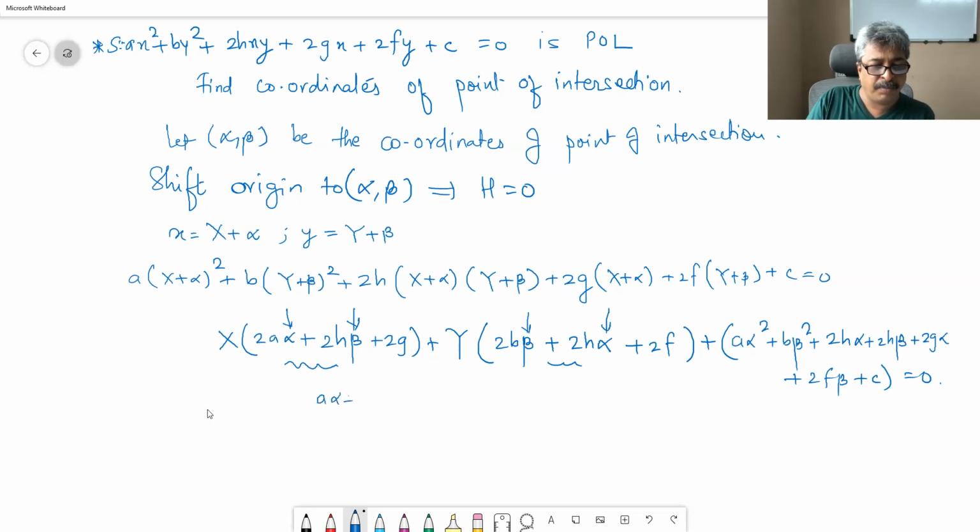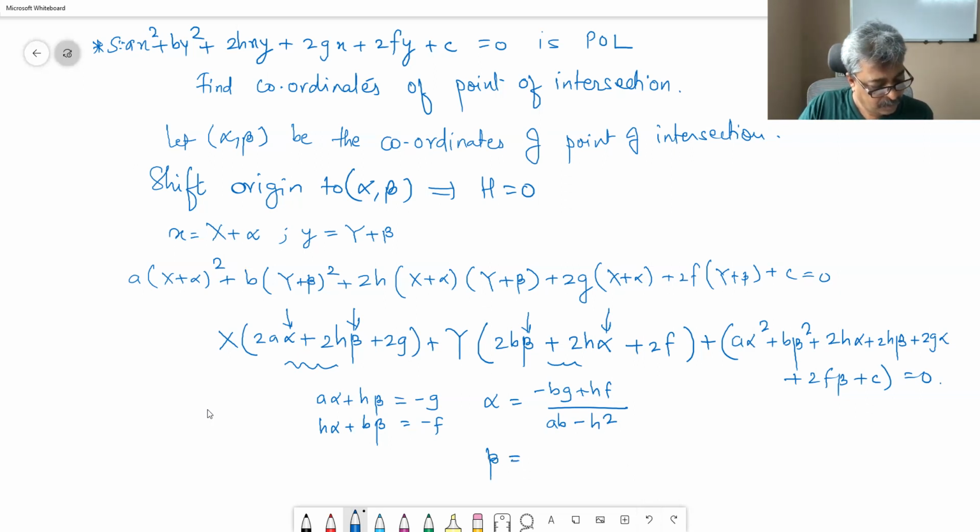So a alpha plus h beta is equal to minus g, h alpha plus b beta is equal to minus f, and therefore alpha is equal to minus bg plus hf upon ab minus h square, and beta is equal to, correspondingly you can find out, minus af plus gh upon ab minus h square.